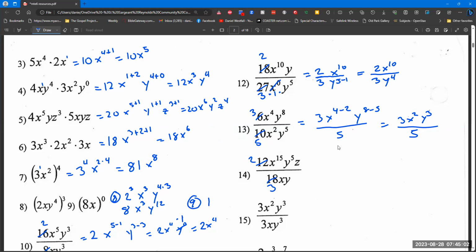And we end up with 2x to the 15th minus 1, y to the 5th minus 1, and that z just sits there because it doesn't have anything in the denominator to combine with it using properties of exponents. This is 2x to the 14th, y to the 4th, z over 3.